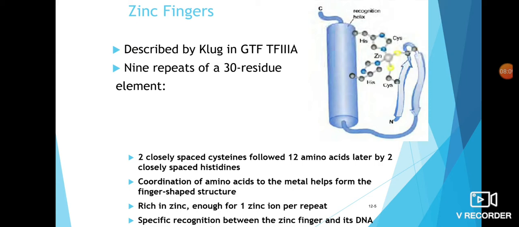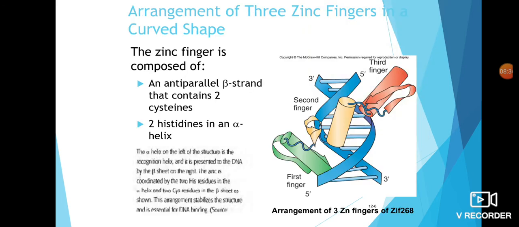The cylindrical structure that you are seeing is the alpha helix. Now there are 2 closely spaced cysteine followed by 12 amino acids, later by 2 closely spaced histidine. So zinc is attached on one side to 2 cysteine and on the other side to 2 histidine. One zinc is enough for this ring.